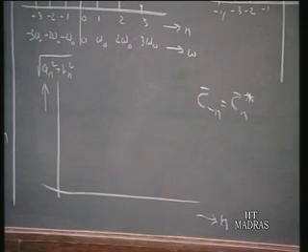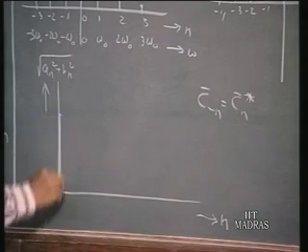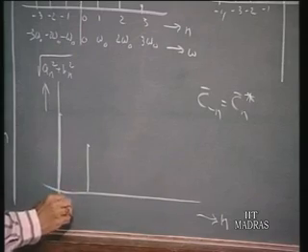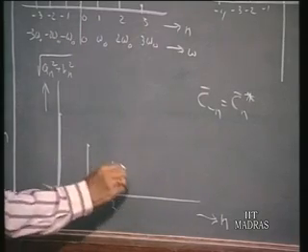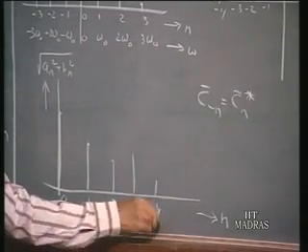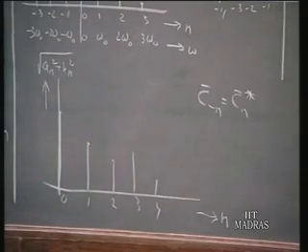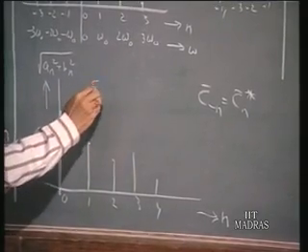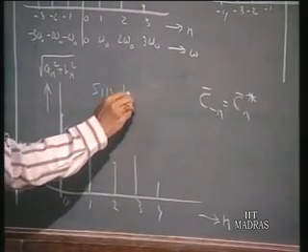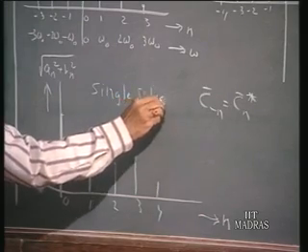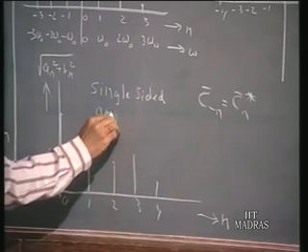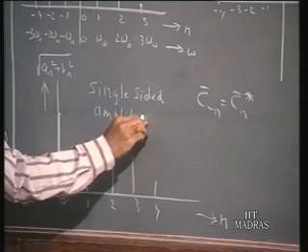So this can be plotted also for 0, 1, 2, 3, 4, etc. This is a single sided spectrum, sometimes called the amplitude spectrum.